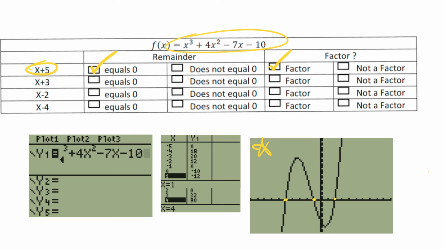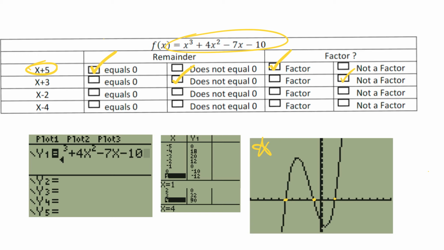If you choose this one, you should choose that one. So let's look up x plus 3. What's the value that is going to tell us if x plus 3 is a factor? Negative 3. Is negative 3 giving us a 0 value according to our table? No. So this one is not equal to 0, so therefore not a factor.